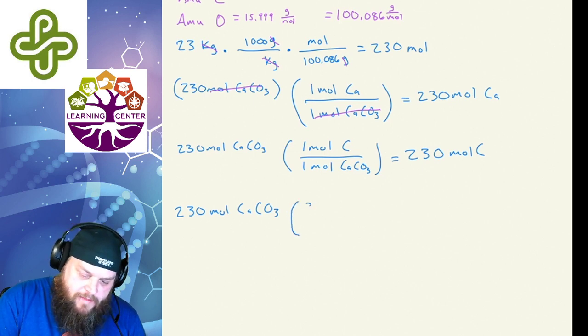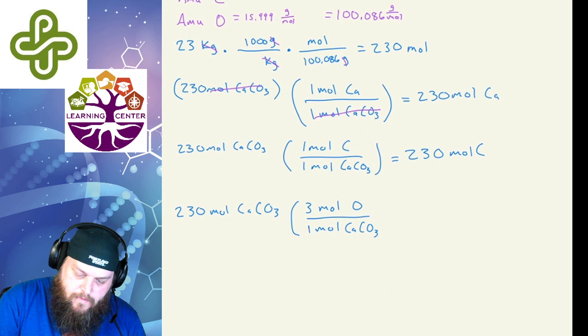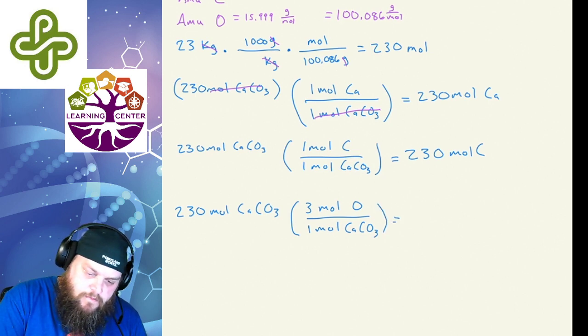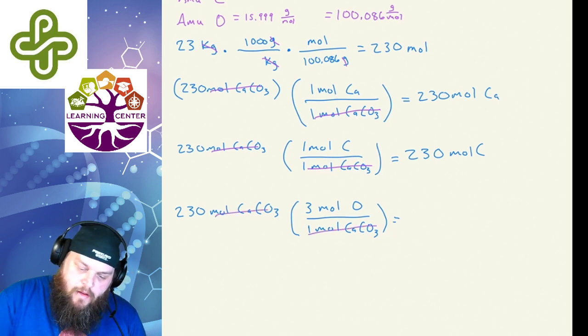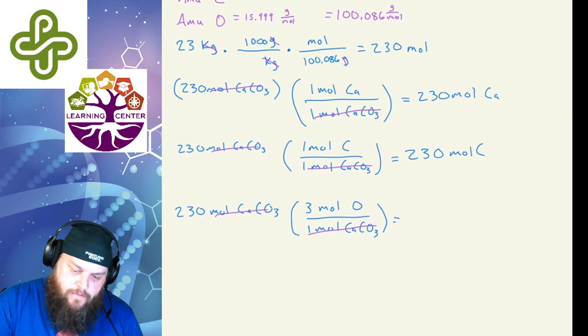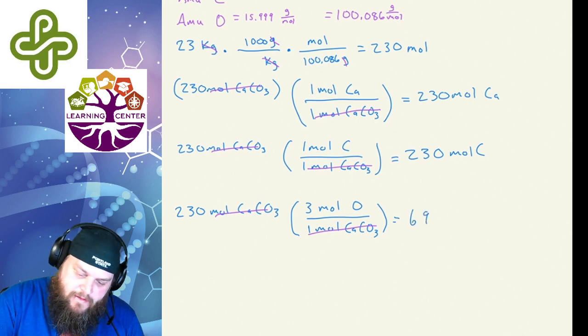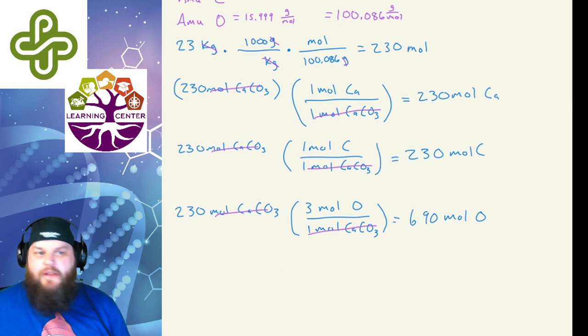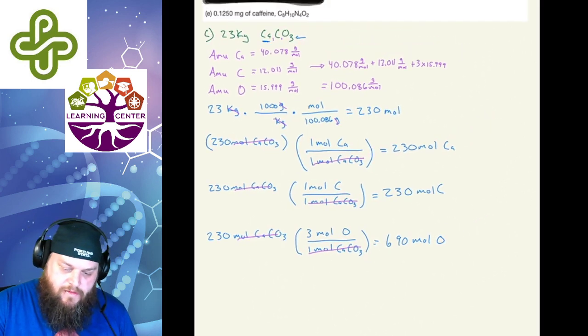So we're going to multiply this by 3 moles of oxygen for every 1 mole of calcium carbonate. Just cancel my units above, cancel my units below. That's going to give us, we can multiply by 3 and round to 2 significant figures. That's 690 moles of oxygen. So that tells us the number of moles of each of those.